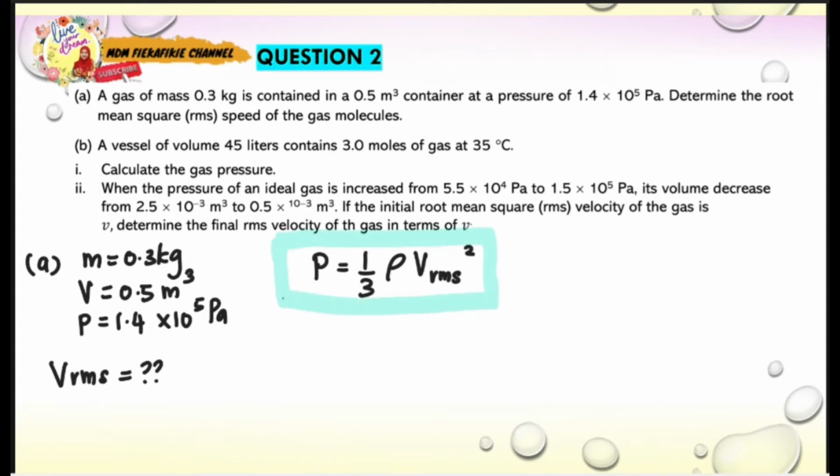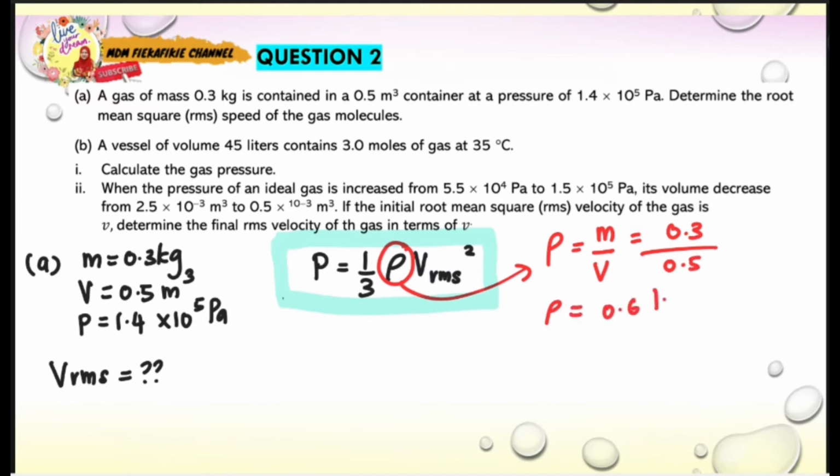But now we need to first find the density, where density is equal to mass over volume. In this case, we can just substitute 0.3 over 0.5, and density is equal to 0.6 kg per meter cube.